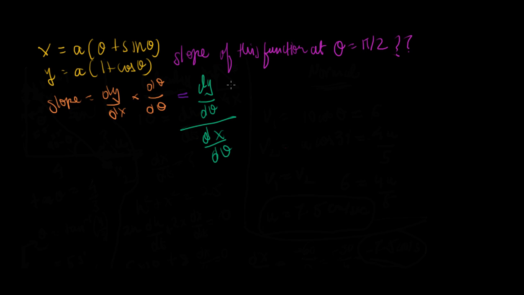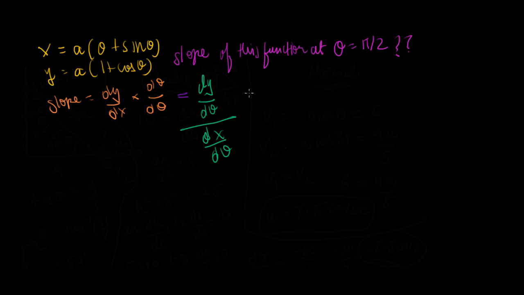I did this because y is a function of theta, so dy by d theta is pretty easy to find. I'll just differentiate this equation and get dy by d theta, and similarly for dx by d theta I'll differentiate the first equation, and when I take the ratio I'll get the slope. So that's pretty much it. Actually, there's nothing more here.